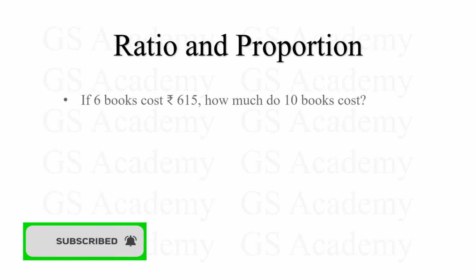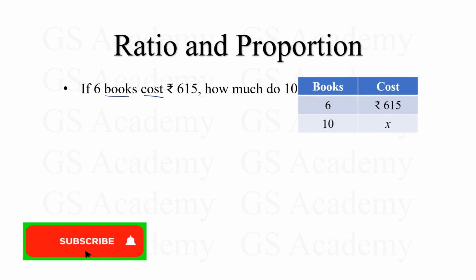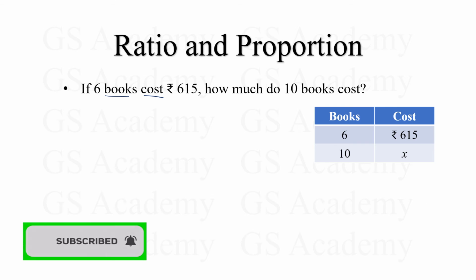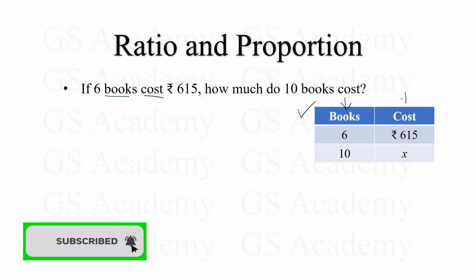Now let's see the next question here. If 6 books cost rupees 615, how much do 10 books cost? Now here there are two important parameters, books and cost. In order to solve this question, we will make this table. First parameter is of books and second parameter is of cost.